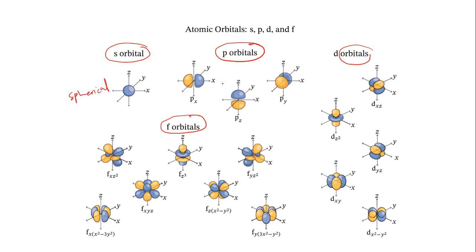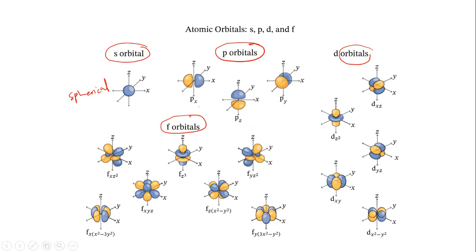And then the p orbitals are more or less dumbbell shaped. So these are the p orbitals, and there are 3 of them based on the 3D plane, which is X, Y, and Z. And then here we have the d orbitals, which are a little bit more complicated.